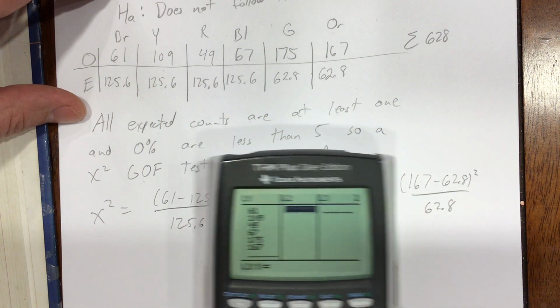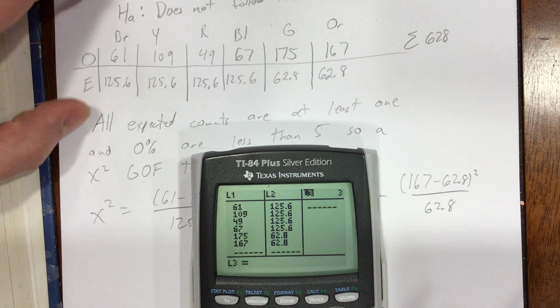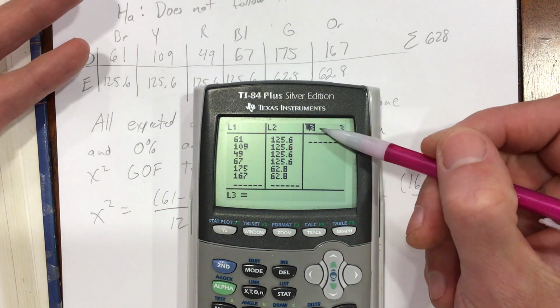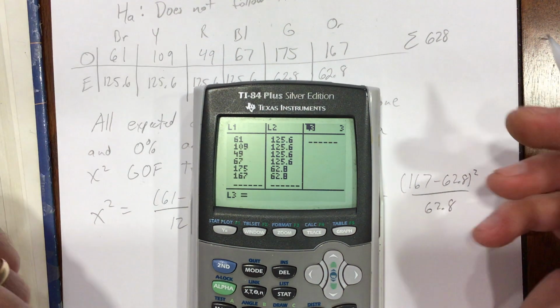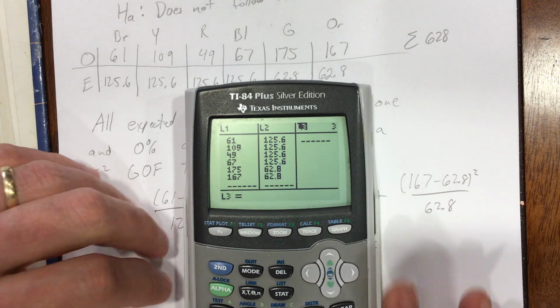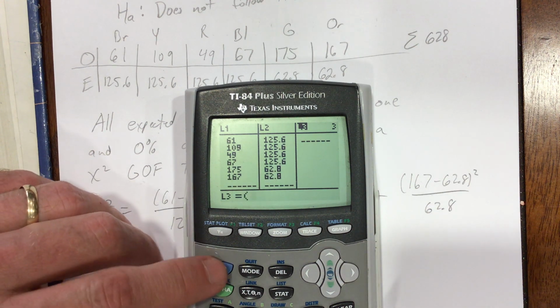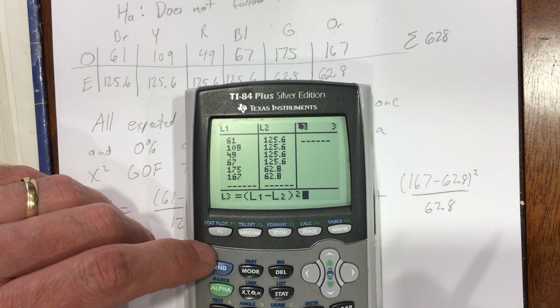Oh, okay, so 125.6. Okay, and entering. Since I know we're getting a small p-value, I'm going to just jump straight to do it this way, as opposed to the goodness of fit test, because it won't tell me which category has the largest contribution. All right, so list 1 minus list 2 squared divided by list 2.